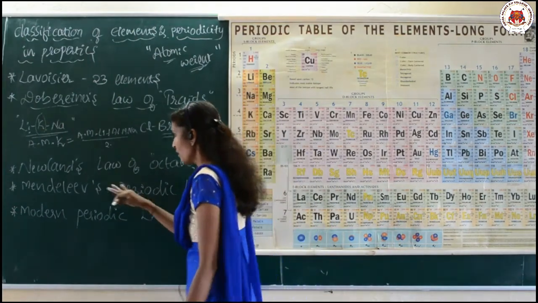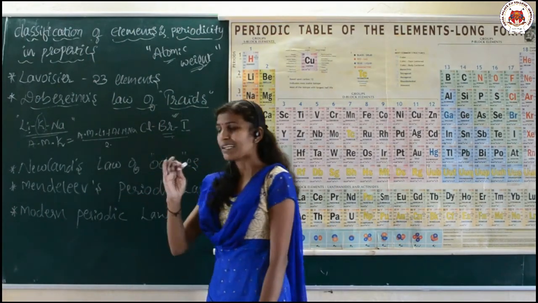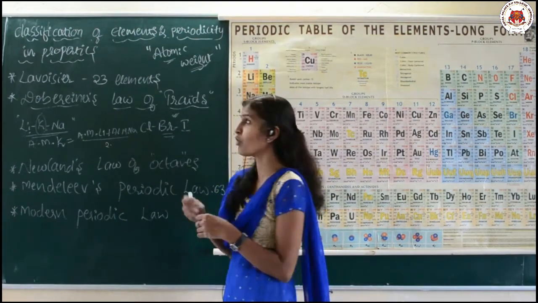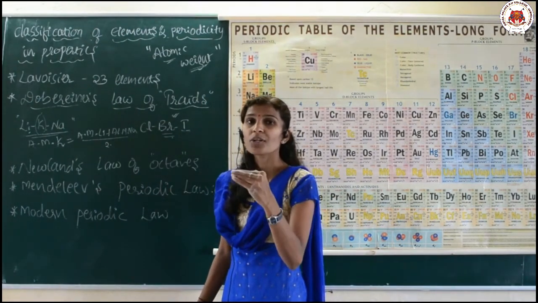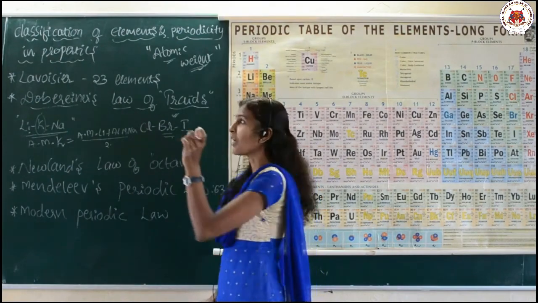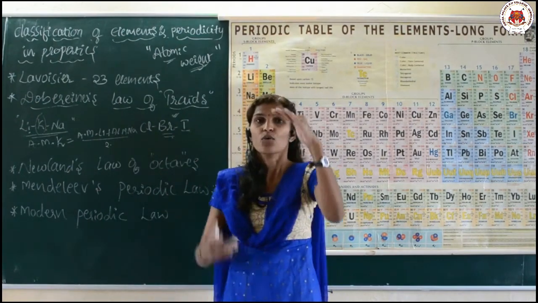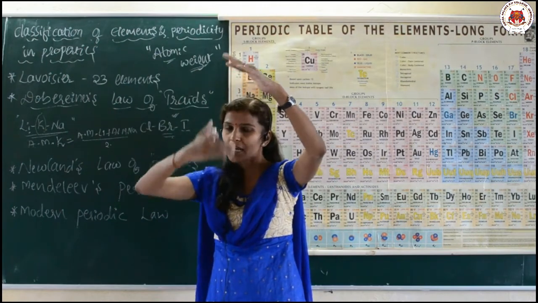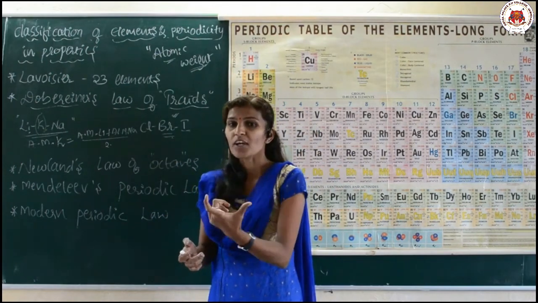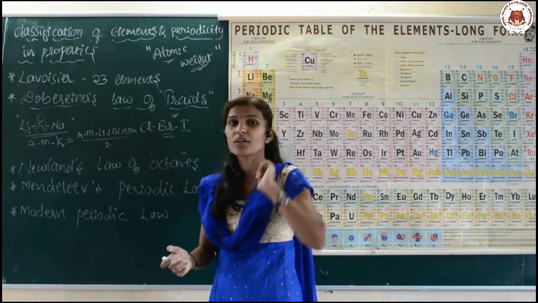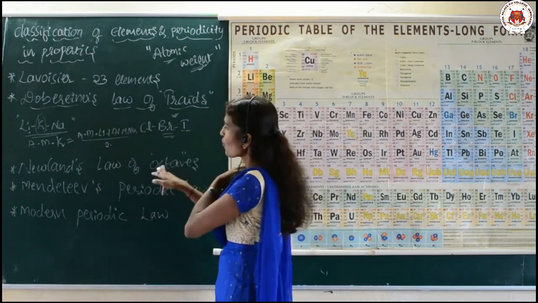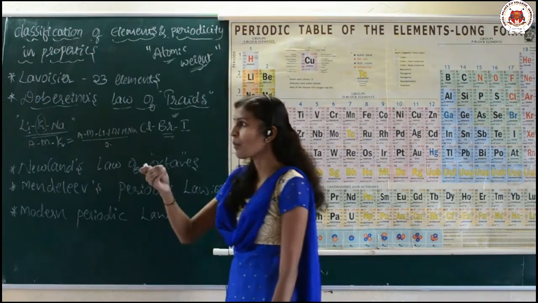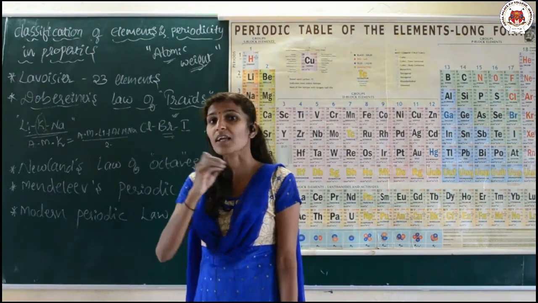So when Newlands arranged the elements in increasing order of atomic weight, the properties repeat at the 8th interval. It means 1, 2, and so on, up to 8 elements are arranged, and the property of the 8th element is similar to the first element. He said that the properties are going to repeat at the 8th interval.